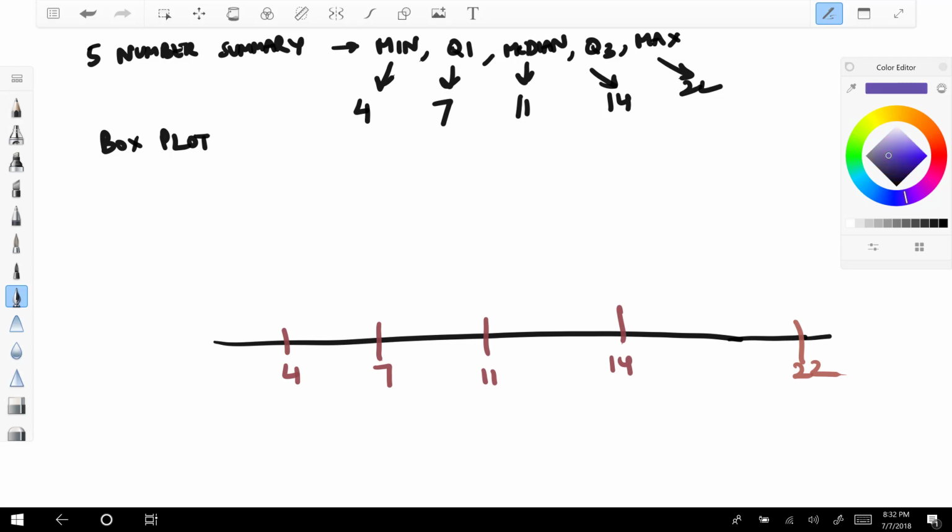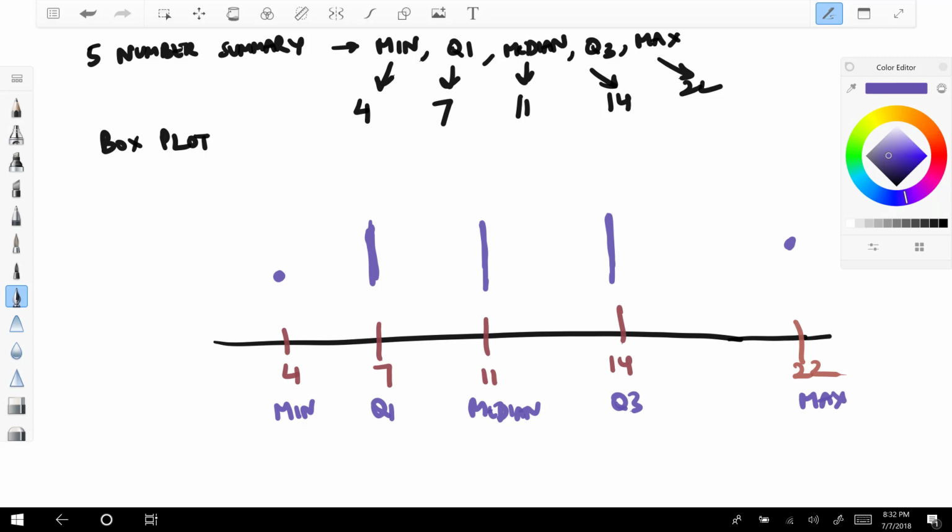So to plot a box plot at 4, we will put a dot, and then here we will have a line. At median we will have a line, and at quartile 3, so this is minimum, Q1, median, Q3, and maximum, and then at maximum we will have a dot.